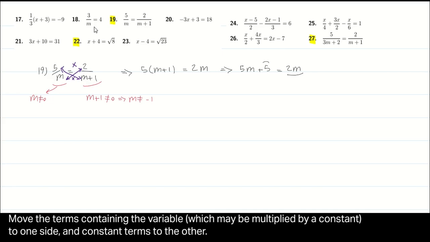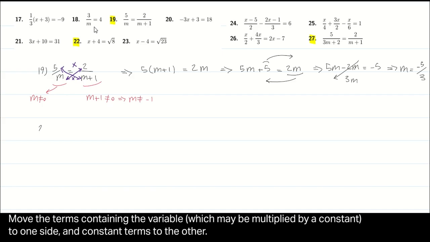Now I'm going to move the constant to the right hand side. So the sign changes for each of them. So we have 5m minus 2m is equal to negative 5. That means 3m is equal to negative 5, which means m is equal to negative 5 over 3.